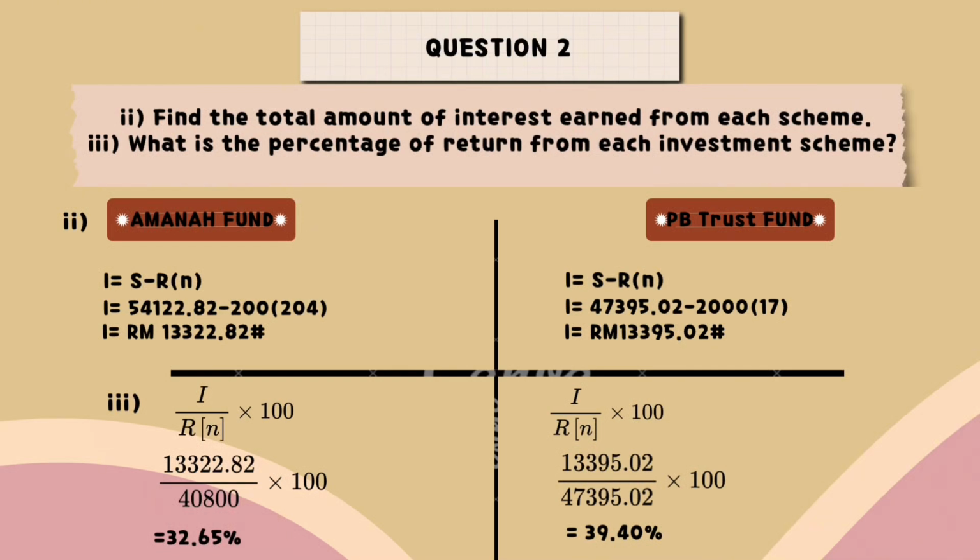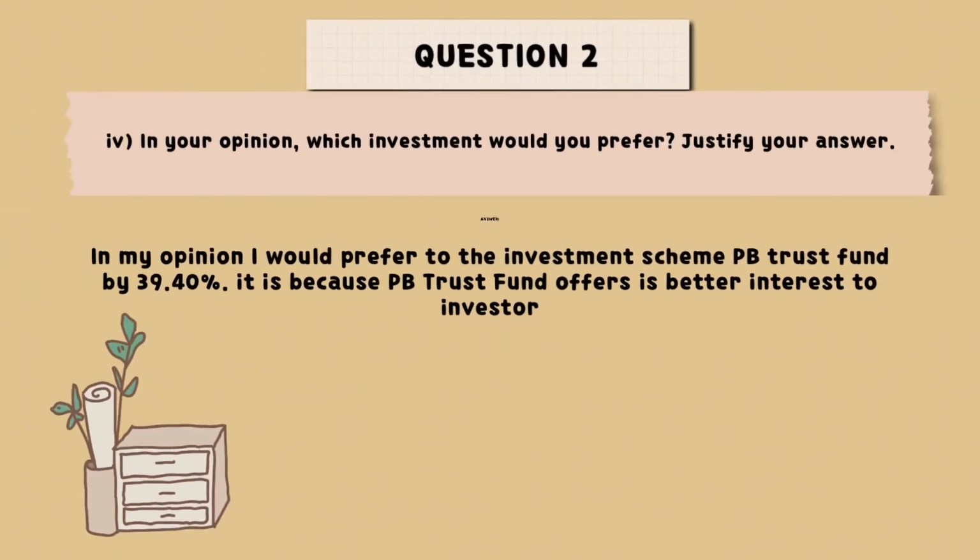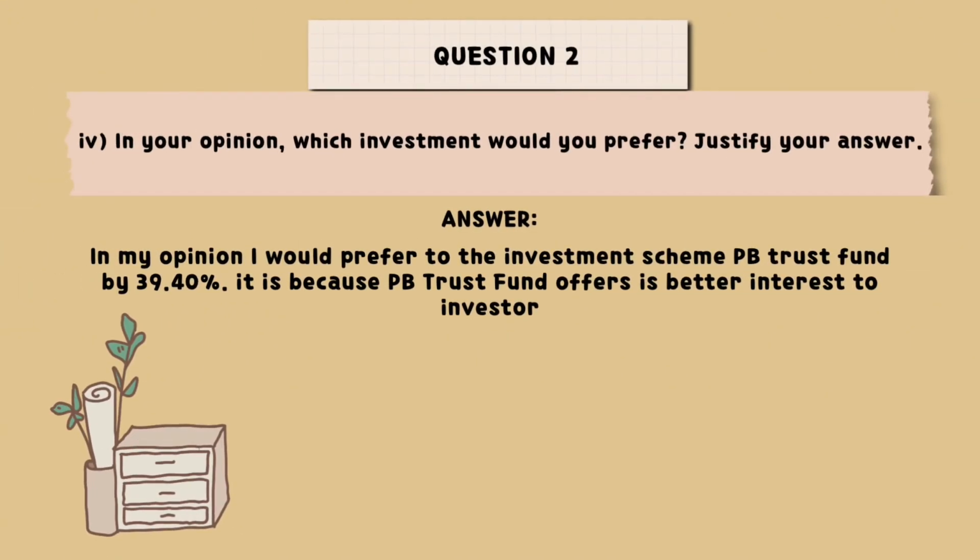And yeah, we just calculate and find. So for Amanah Fund, we got 32.65%. For PB Trust Fund, we got 39.40%.